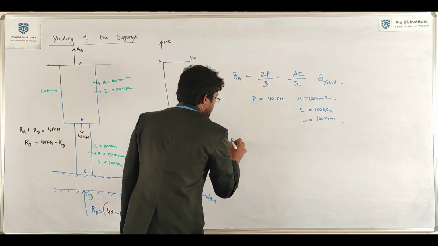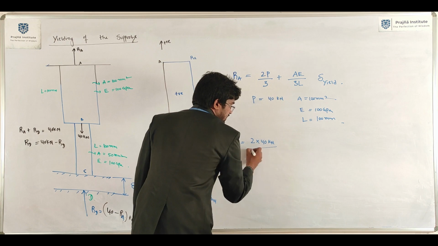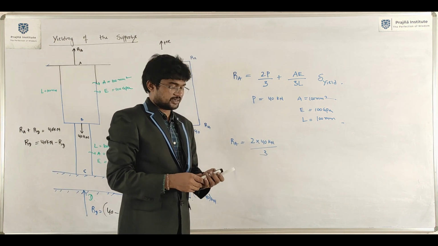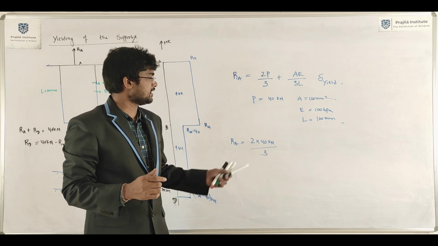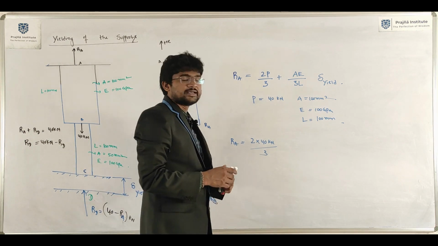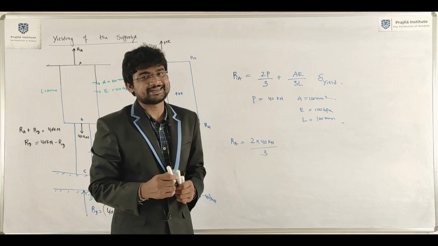Okay, so RA is equal to 2 into 40. Immediately write kilonewton, just write 40 kilonewton. It is very important in GATE. Substituting the values in a proper way is very important in GATE.